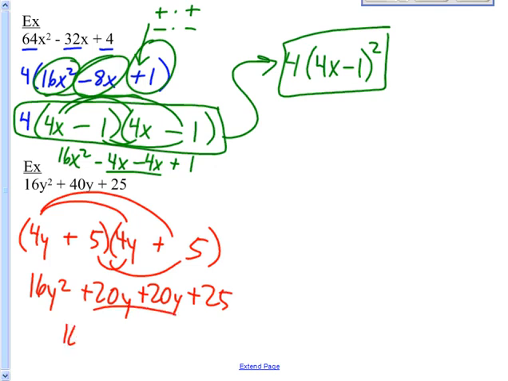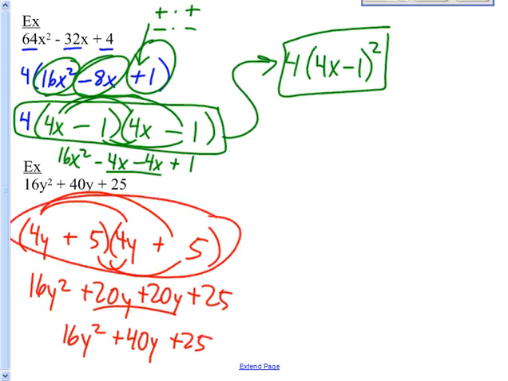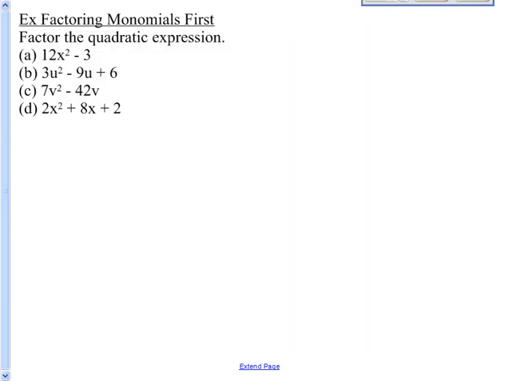Combine your like terms. Aha, there it is. So this is my factorization, but you know both of those are again 4y plus 5 times 4y plus 5. So we're going to write this 4y plus 5 quantity squared. Okay.